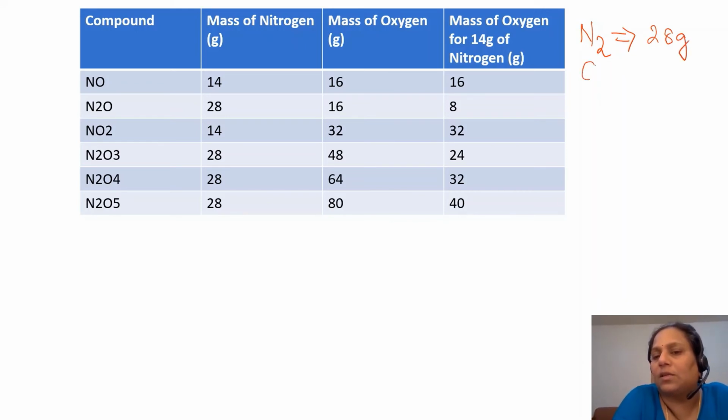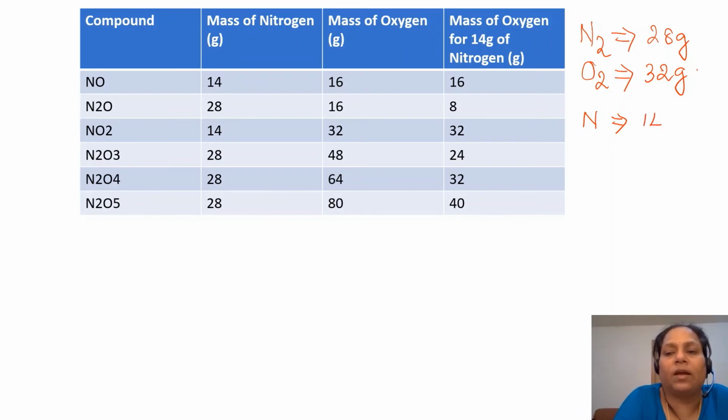Oxygen exists as a diatomic molecule again, and the molar mass is 32 grams. If I take the atoms, nitrogen as such, 1 mole of nitrogen atoms will weigh 14 grams, and 1 mole of oxygen atoms will weigh 32 upon 2, which is 16 grams.